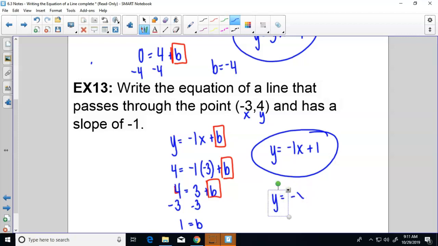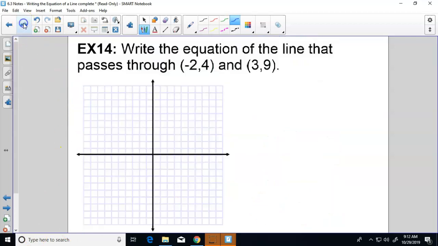It would look better if we said negative x. That's actually probably what you're going to see. Okay, questions? Not sure yet. I'm not planning that far ahead. We'll practice with it a little more.